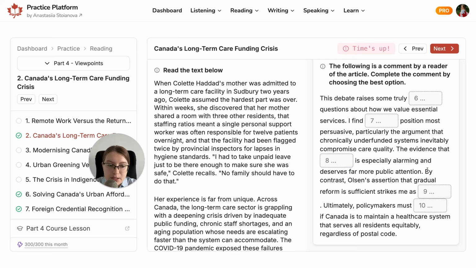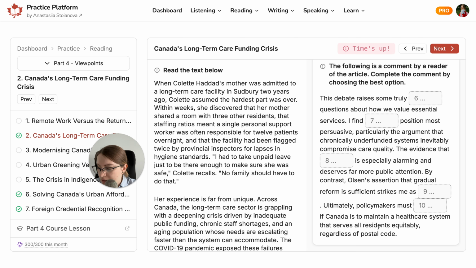And then it explains, by contrast, meaning this evidence is contrasted with Olsen's assertion, meaning statement, that gradual reform is sufficient. And then the author writes, strikes me as, some opinion, ultimately policymakers must.